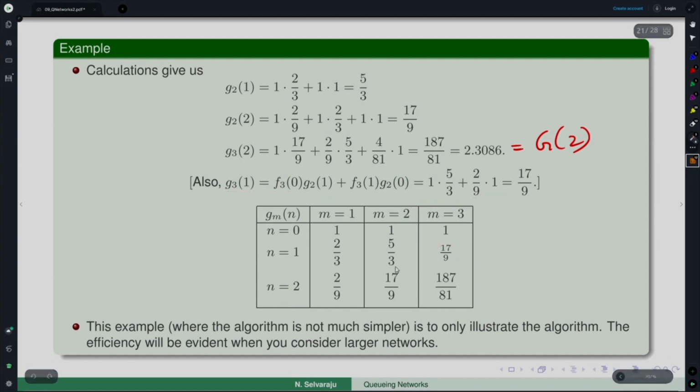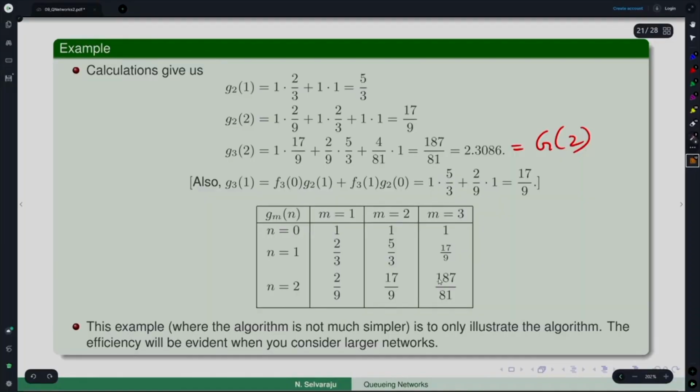The reason it is good to have the complete table is that the performance measures, for example if this is a single server network, you can write down nice expressions for the utilizations, throughput and other performance measures, everything in terms of these entries. Recall, in one of the previous examples, we wrote a certain probability as g m minus 1 by g m.